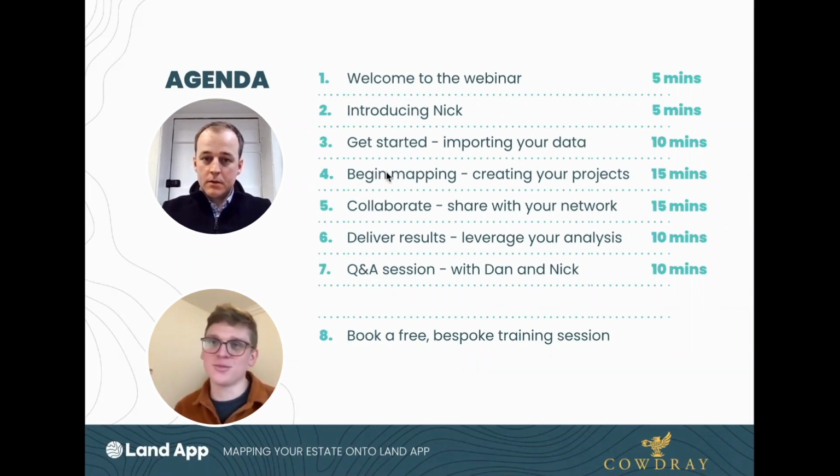Then we talked through creating your projects, so how you begin mapping, using the different templates we have, which although it can feel a bit restrictive at times, what it does mean is the data you're collecting is completely clean. So those reports we're generating, whether it's that dashboard or that summary, are able to be done. If you've misspelt the word barley somewhere, the reports will get quite messy quite quickly.